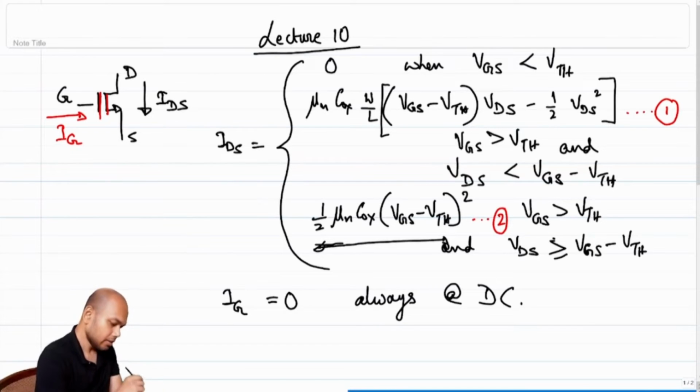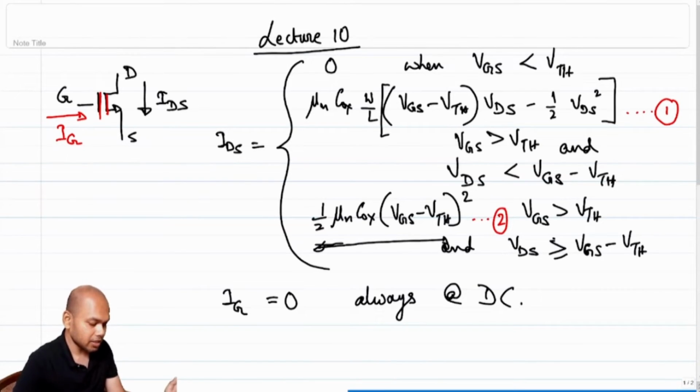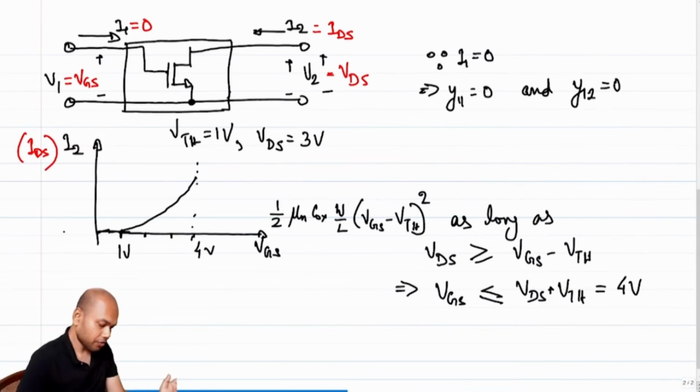Clearly, the linear region equation will take over, equation 1 will take over, and in equation 1, what is the type of relationship between the current and VGS? It's a linear relationship, right? So from here on, the current will increase linearly, right?